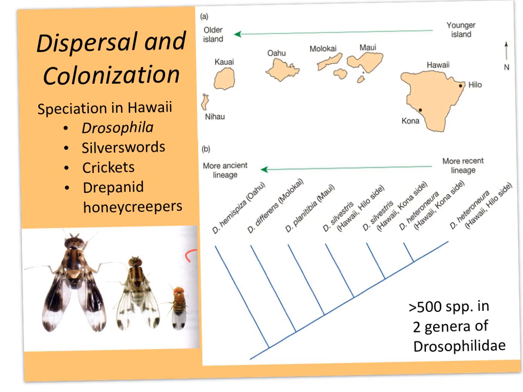They probably rafted over from North America. Their closest relative is in North America. And then there was crickets, and then these birds. So, this is an example of dispersal and the founder effect. And in fact, each of these events resulted in a proliferation of new species on these islands. So they didn't stay just one species, they proliferated into many different ones.